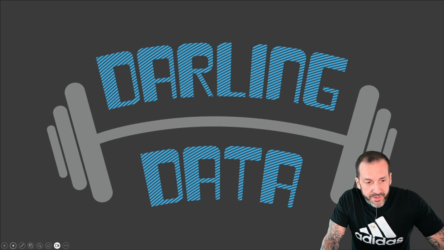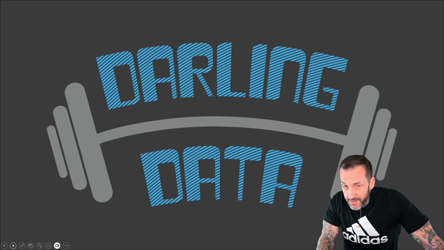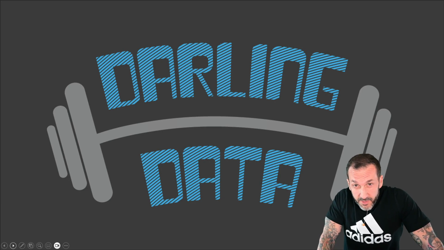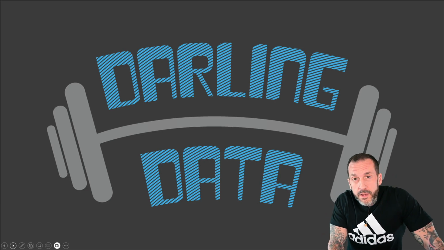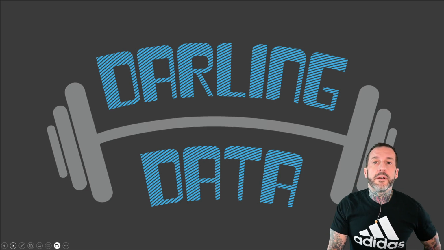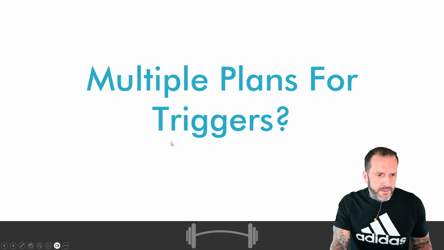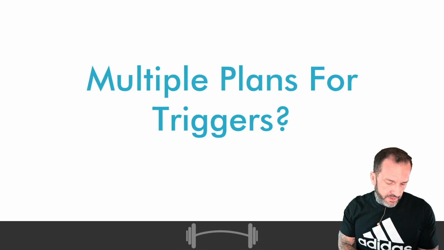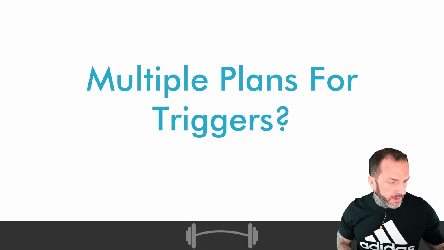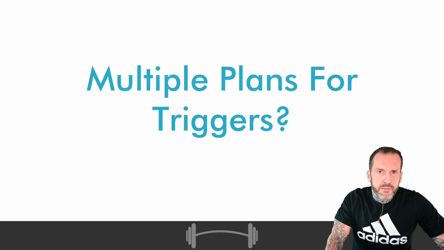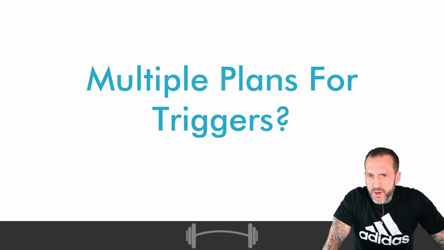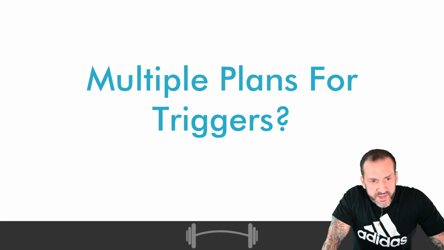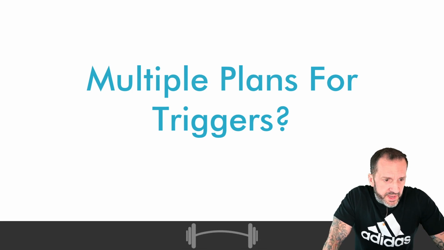Erik Darling here with Darling Data, and we have a very exciting video for you today. This is all about why do I have multiple plans for triggers, and there are probably some other external reasons why you might see multiple plans for the same trigger.